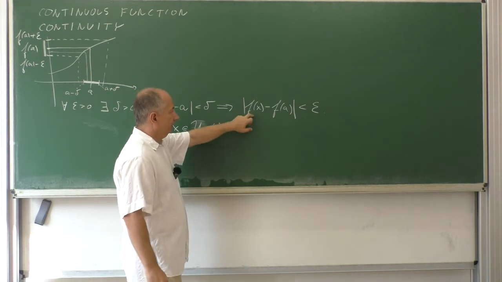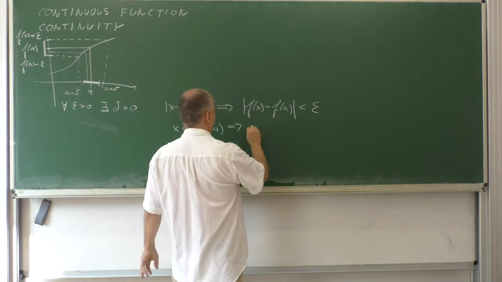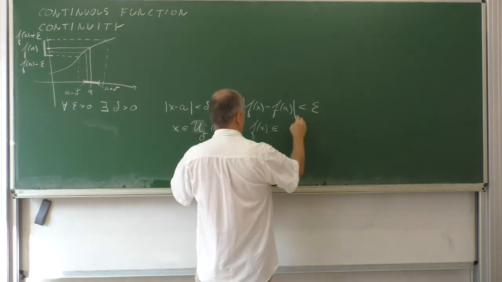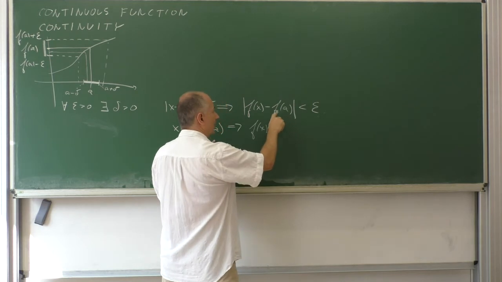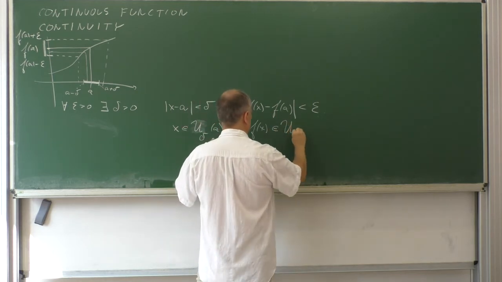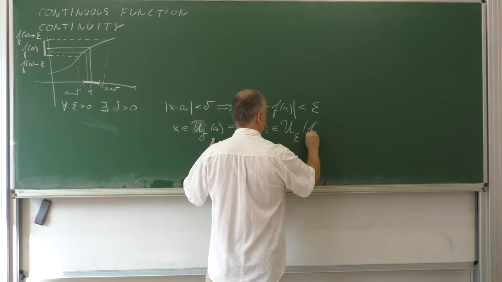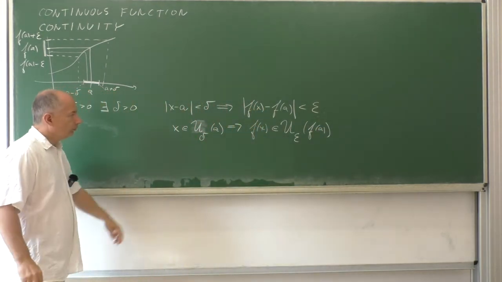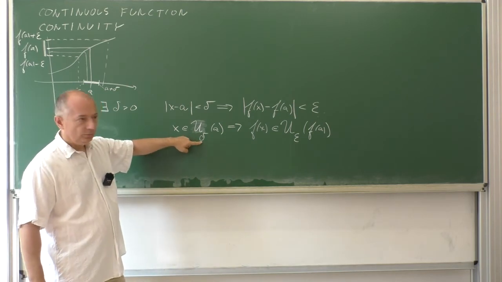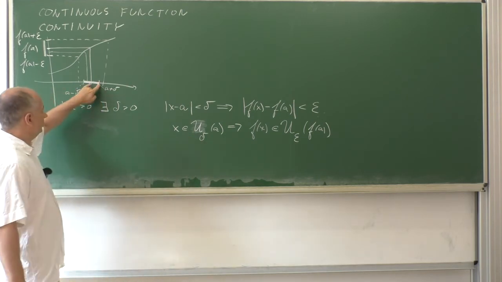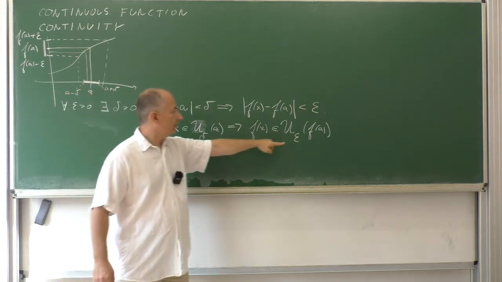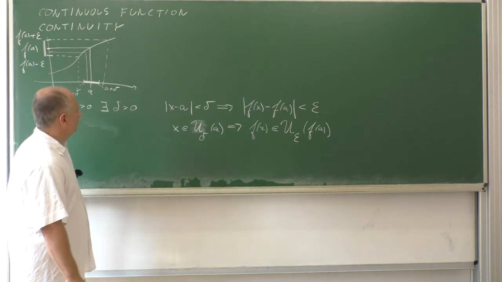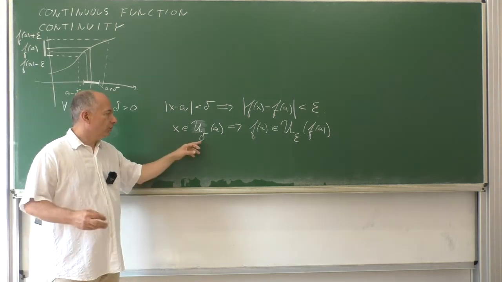Then this is close to this. That means the function value f(x) is in the epsilon neighborhood of f(a). Here the radius of the neighborhood is delta. This is on the x-axis. And here the radius of the neighborhood is epsilon. This is on the y-axis.